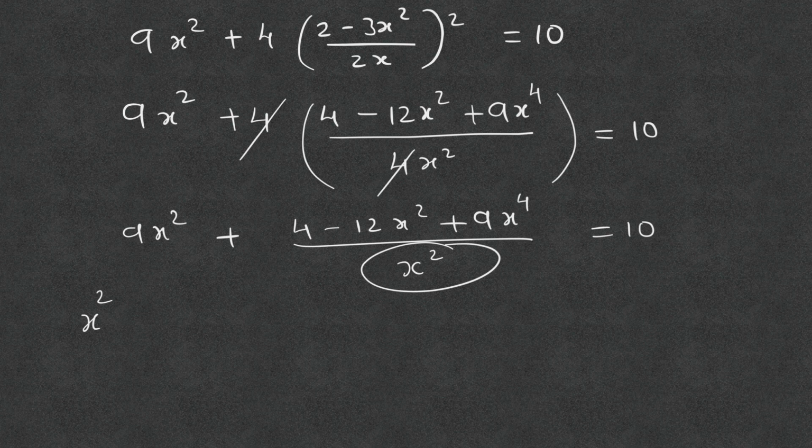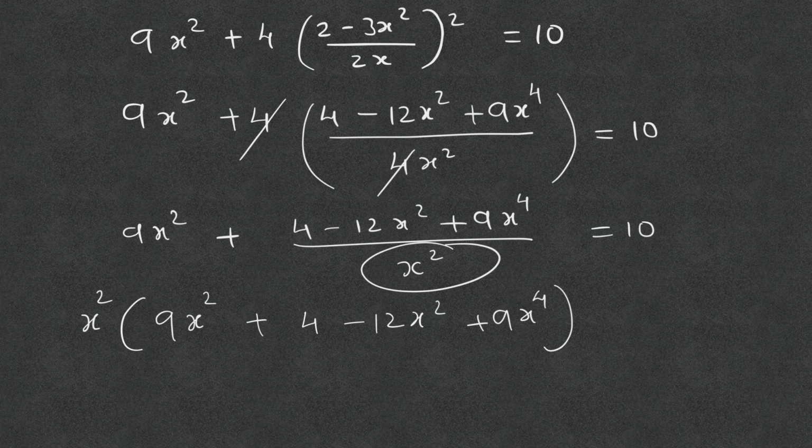And so you have x squared times 9x squared plus (4 minus 12x squared plus 9x to the 4), all of this divided by x squared, equals 10 times x squared.